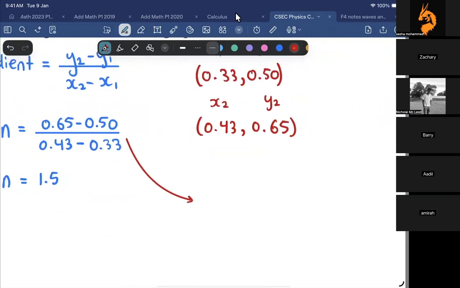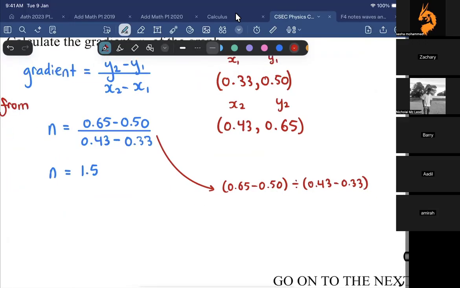You'd say 0.65 minus 0.50, put that in brackets, then press divide, open bracket, 0.43 minus 0.33. I had the calculator on my phone though. All right, you're supposed to get 1.5.